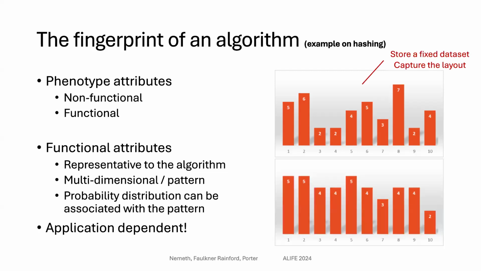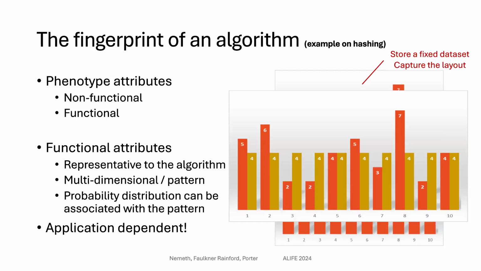In this example, we have 10 buckets, and we simply count how many elements are put into that particular bucket. How can we compare two such distributions? The solution is to compare them to one known and fixed distribution, like the uniform distribution. For example, it could be anything else.